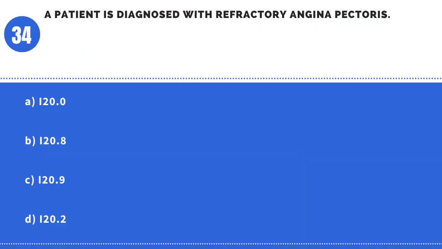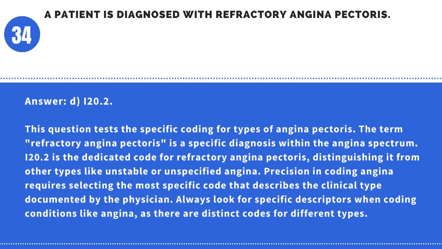Question 34. A patient is diagnosed with refractory angina pectoris. A. I20.0, B. I20.8, C. I20.9, D. I20.2. Answer D. I20.2. This question tests the specific coding for types of angina pectoris.